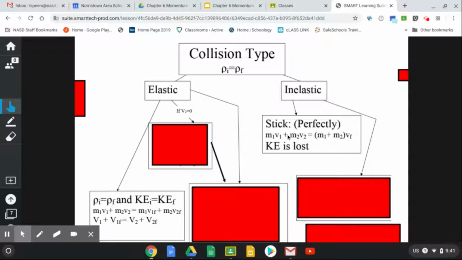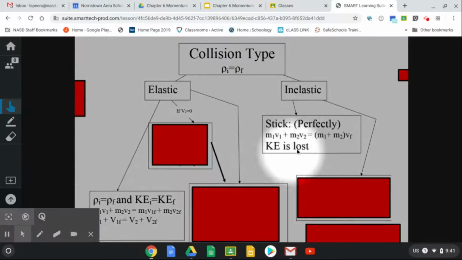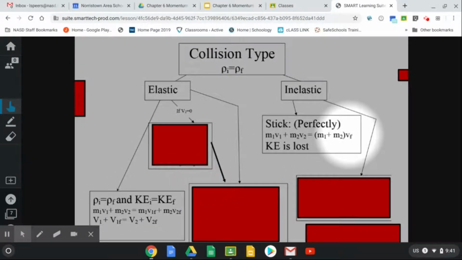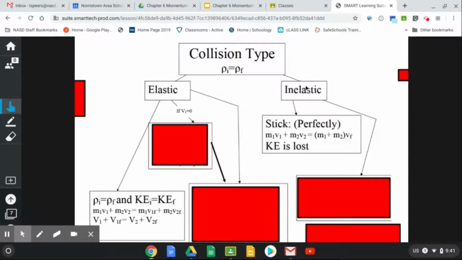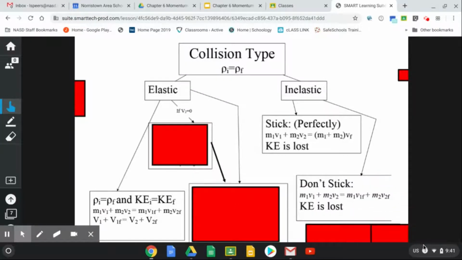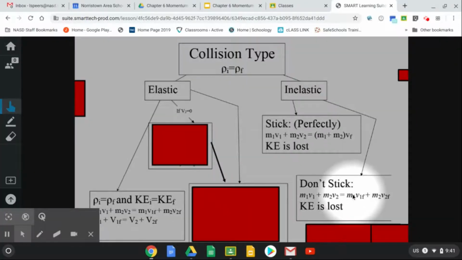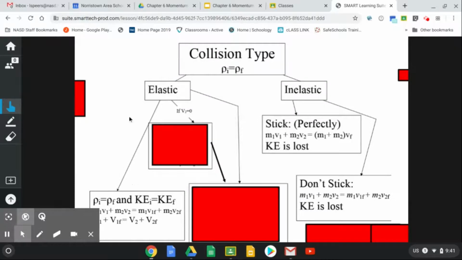In that case, they share a common final velocity, so we can just add the two masses together and they move off with the same common velocity. The other type of inelastic collision is the regular inelastic collision, where they don't stick together. So you still have a final velocity of object 1 and a final velocity of object 2. But in every collision, the momentum is conserved.